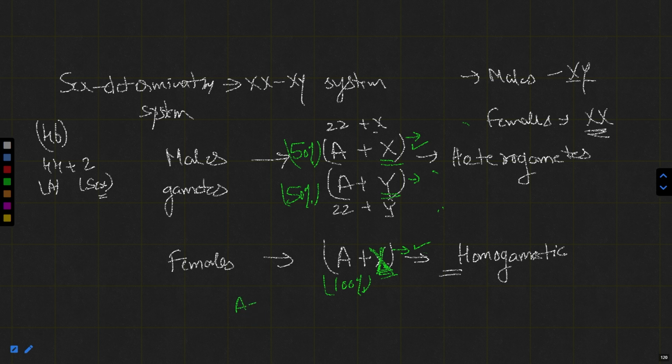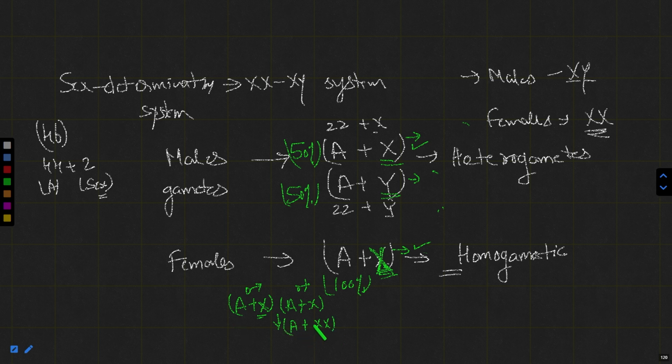If the male gamete A plus X fertilizes with the female gamete A plus X, then the progeny will contain XX.